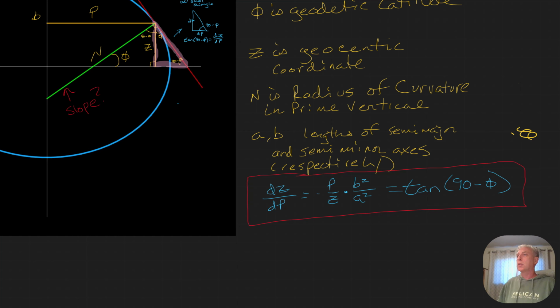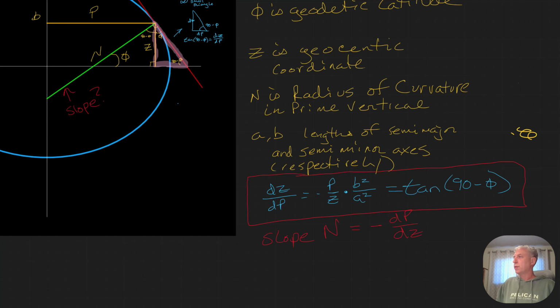So the slope of N, or our prime vertical, is equal to minus dp/dz.